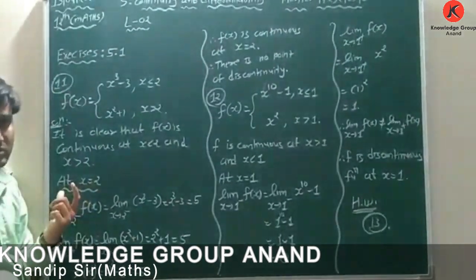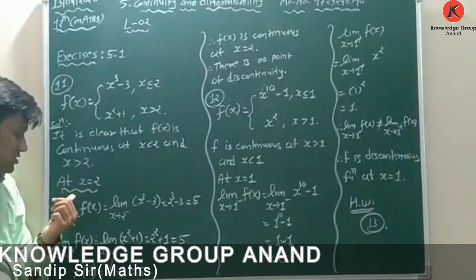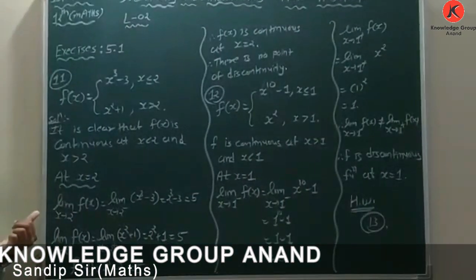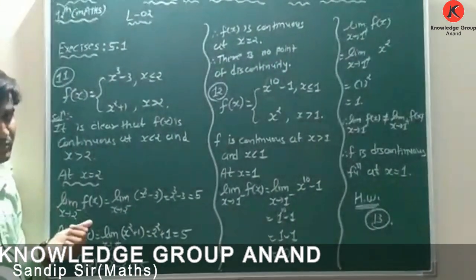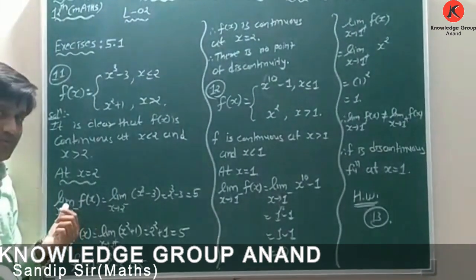According to the definition of continuity, you have to check the left hand side limit and right hand side limit, then the limit exists, and at that point the function value and limit value will be the same.